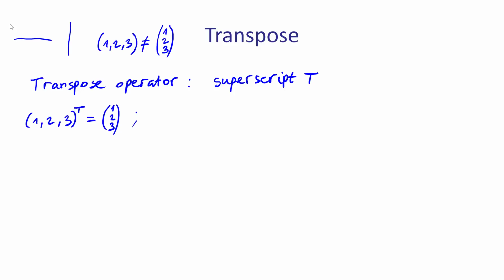Or, if you're talking about matrices, you also can do the same thing. The matrix 1, 2, 3, 4, 5, 6 transpose equals the matrix 1, 2, 3, 4, 5, 6 flipped. Basically, I took the main diagonal and flipped that matrix that way by the main diagonal.